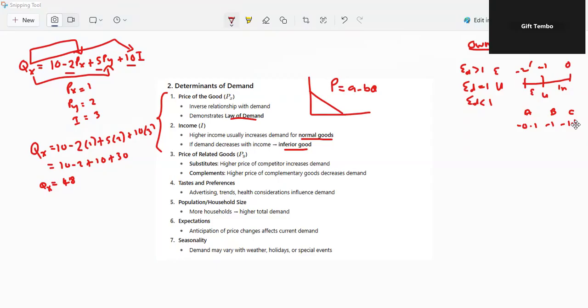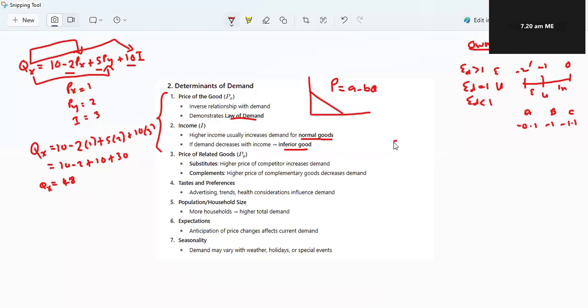B is unit elastic, and then C is elastic. Exactly. Now, with that being said, anything starting with 0 point something is inelastic, 1 point something is elastic, exactly one is unit elastic. So these are 3 points you need to know under own price elasticity.